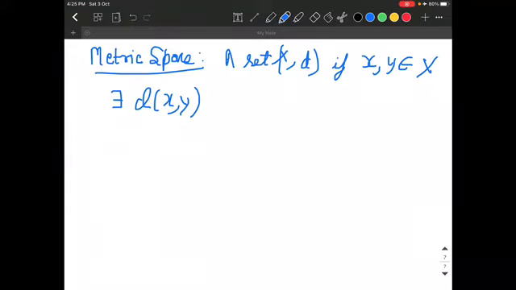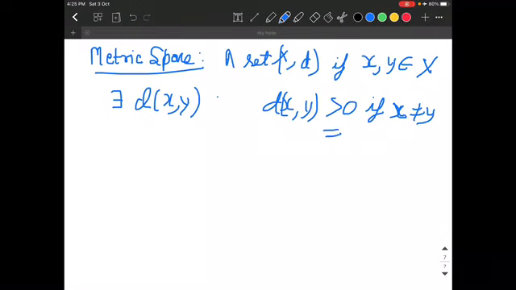So first is that this d(x, y) is greater than 0 if x is not equal to y, and equals 0 otherwise.